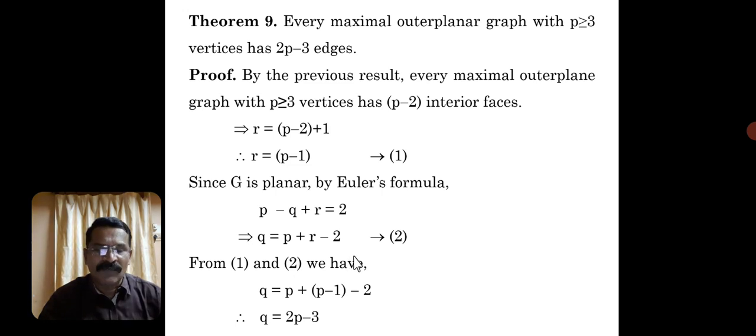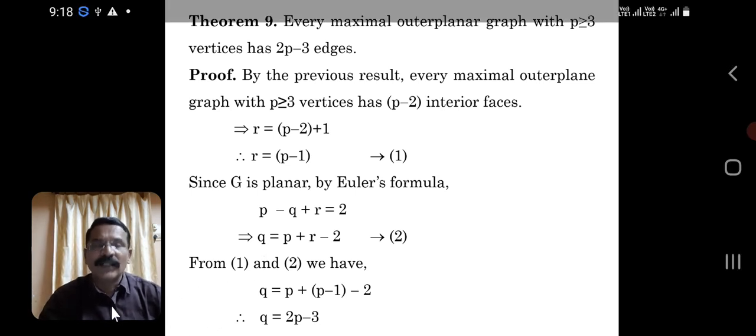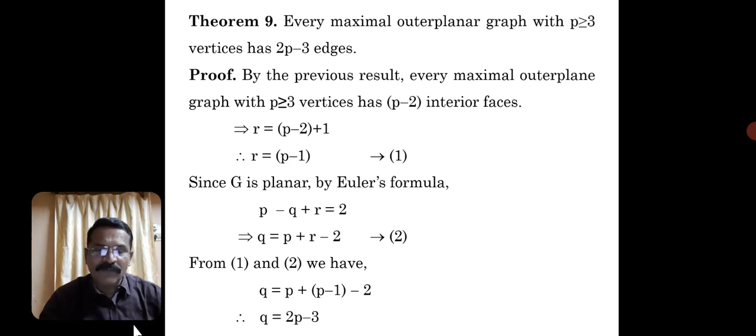See, this is the second equation. Again, from equation 1, you substitute the value of r as p minus 1 in equation 2. So q is equal to p plus p minus 1 minus 2. If you substitute and simplify, what are we getting? It is very easy to simplify: q equal to 2p minus 3. This is how we got the proof of this result.